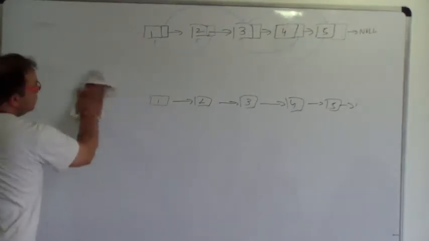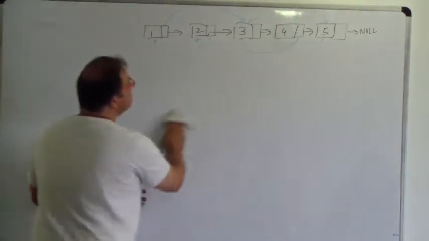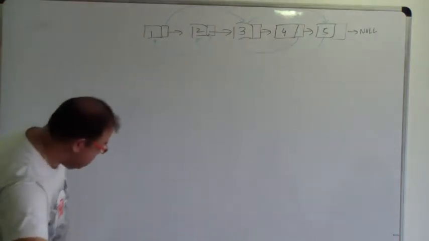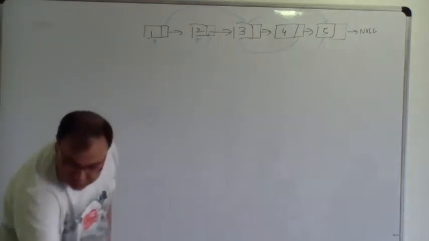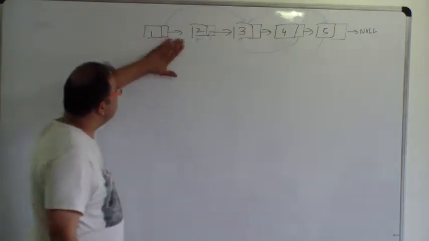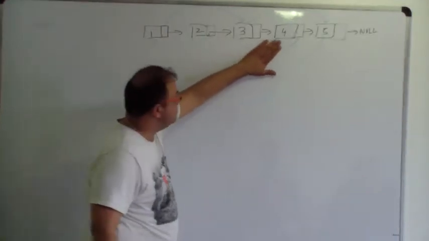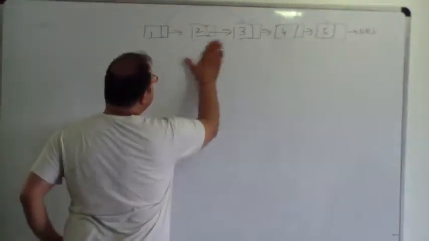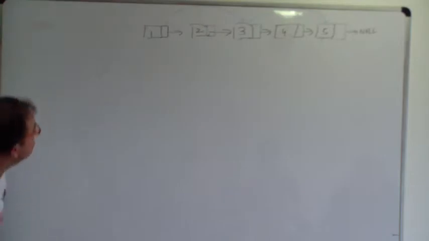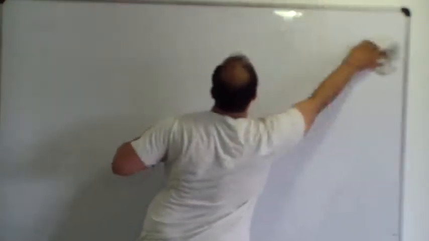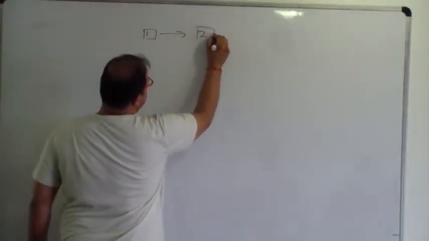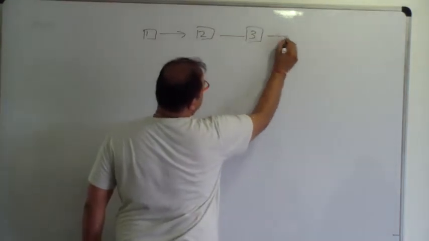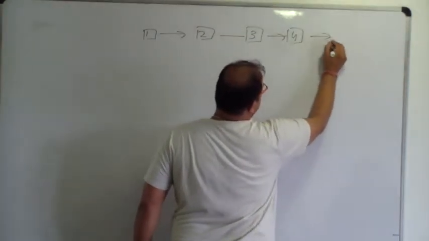So what I will do is I'll tell you the solution and we will figure out. So now what we do is we actually modify this linked list. I'll just erase this up. 1, 2, 3, 4, 5.